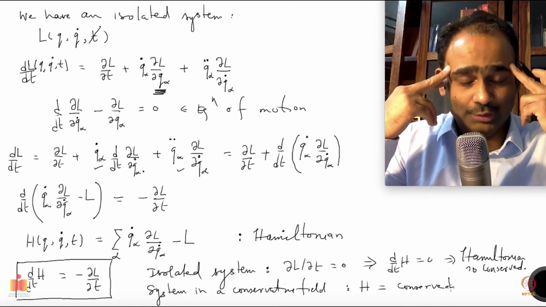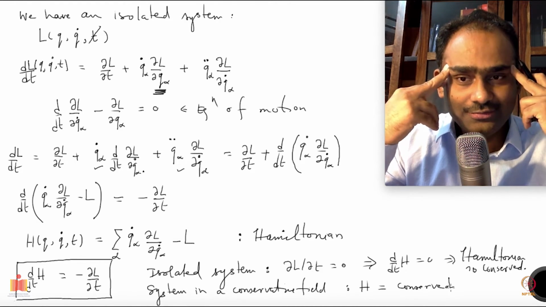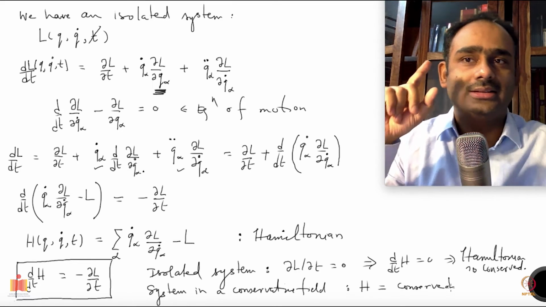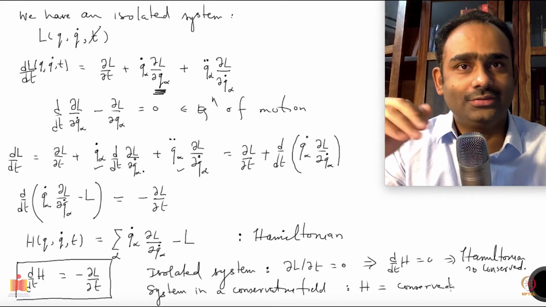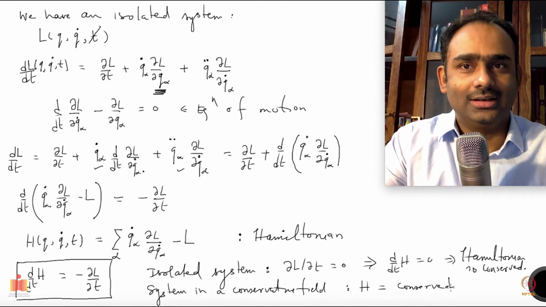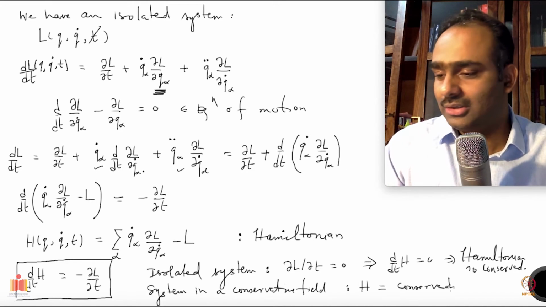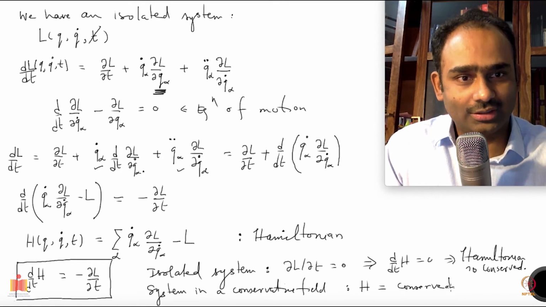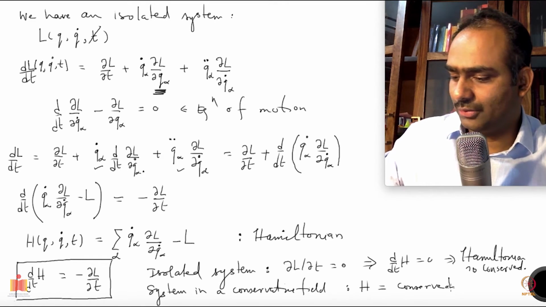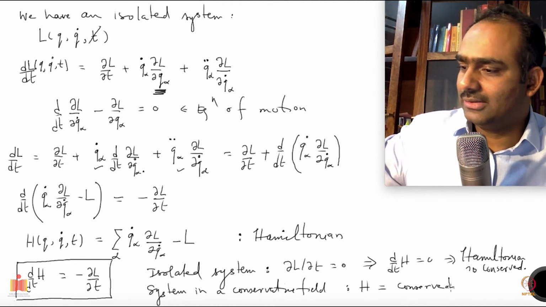So you immediately get a first integral of motion if you know that this system has a symmetry of time translation. That's one nice thing, but we still would like to know what h is physically. From here it's not evident what h is, and that's what we want to figure out.